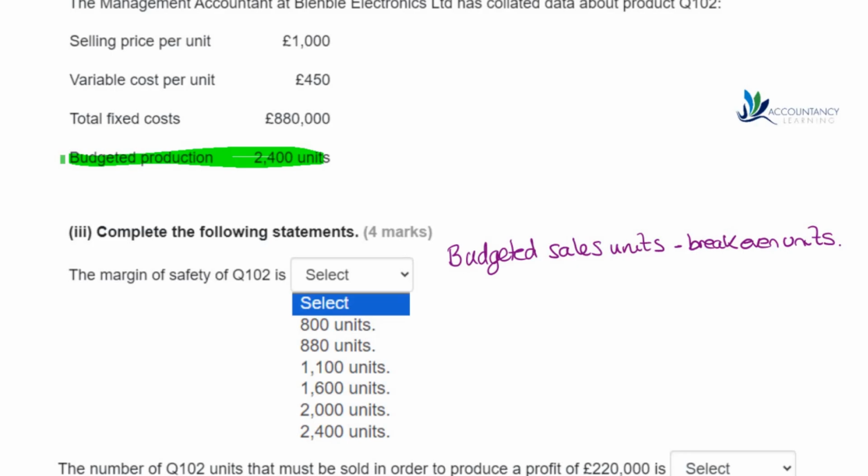So the first calculation we need to do is work out what our break-even point is in the number of units. So our break-even point is our fixed costs divided by contribution.